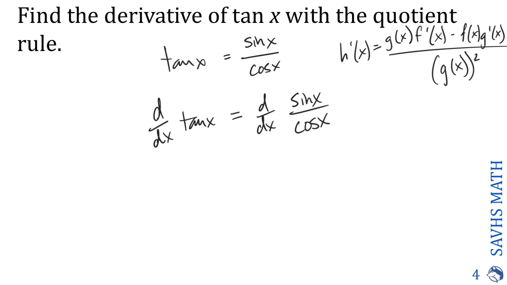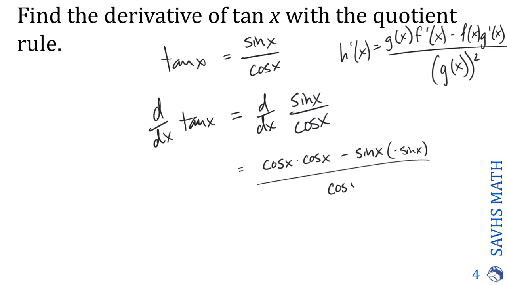Okay, so it is cosine of x times the derivative of sine, which is cosine of x, minus the top, which is sine of x, times the derivative of the bottom, which is negative sine of x, over cosine of x squared.